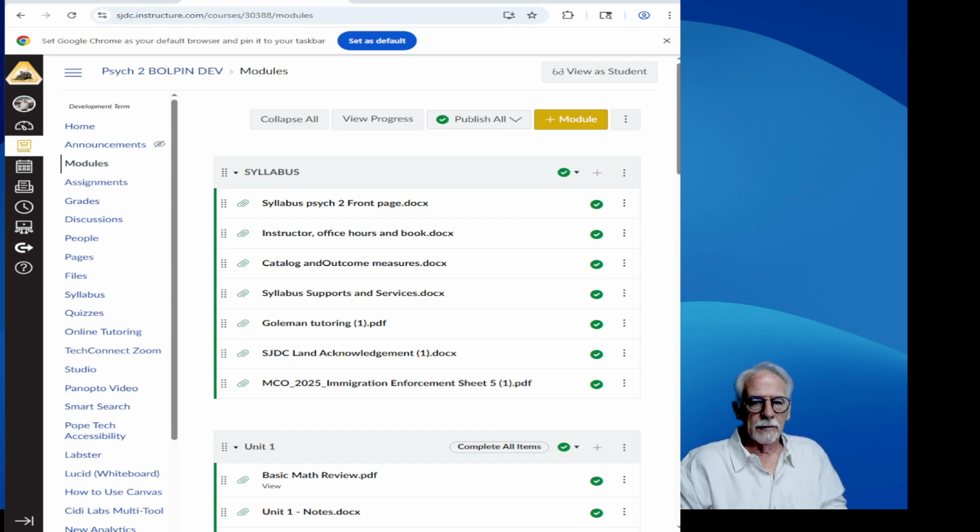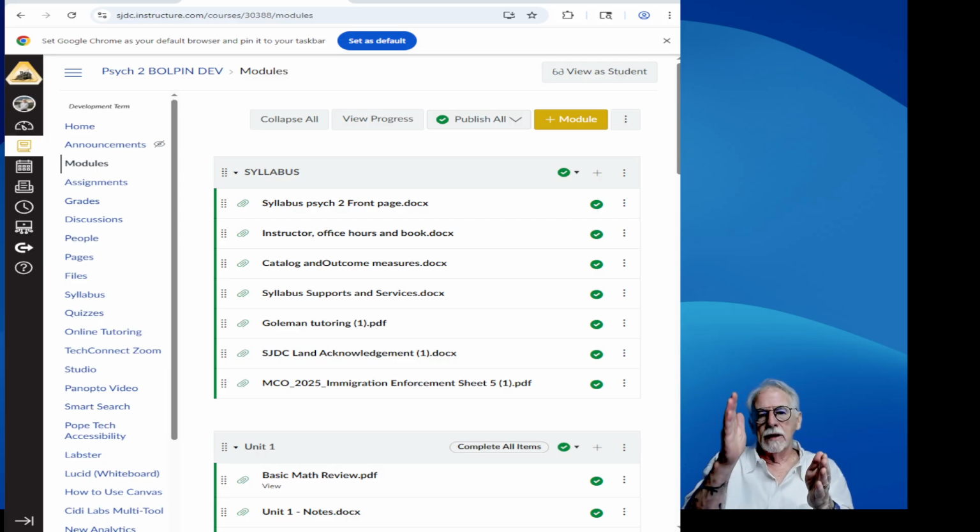So this is the last part of Unit 3, linear regression. Linear regression is another way that we try to predict one score from another score. In this case, we have X and we want to know what Y is going to be. Let's say we know your high school GPA, and we want to know how that relates to your SAT scores.